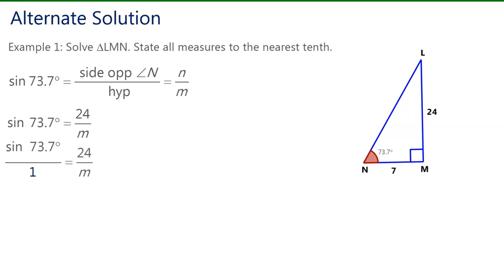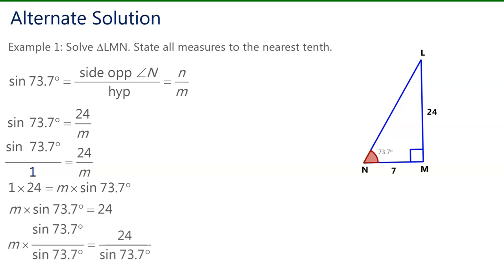Writing this as sine 73.7 degrees over 1 equals 24/m, and cross multiplying, we get 1 times 24 equals m times sine 73.7 degrees. Rearranging, we get m times sine 73.7 degrees equals 24. Isolating for the variable, we divide both sides by sine 73.7 degrees.